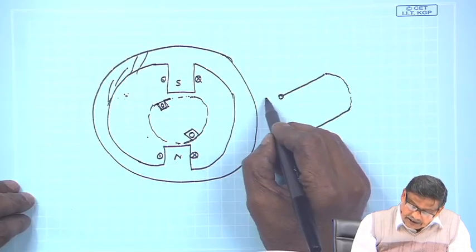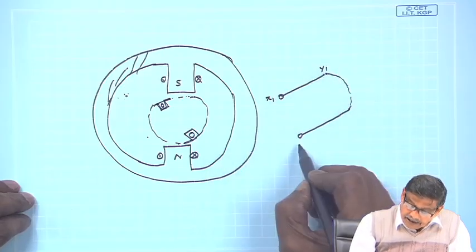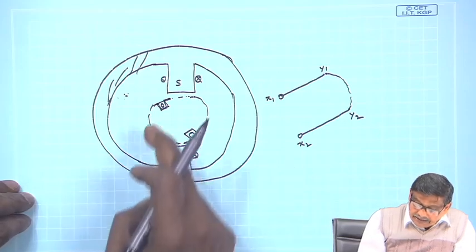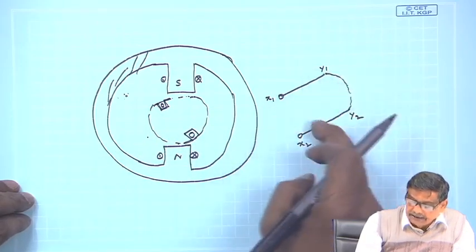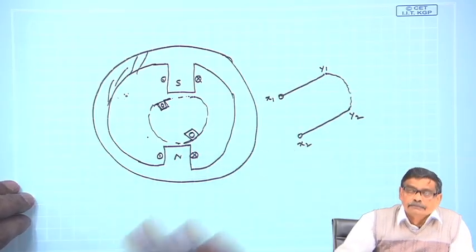It was like I was telling that this is say x1 y1 and this is x2 y2. And then if you join these two conductors at the back in this fashion, then I can call this a coil.